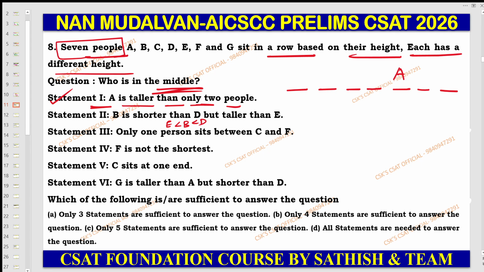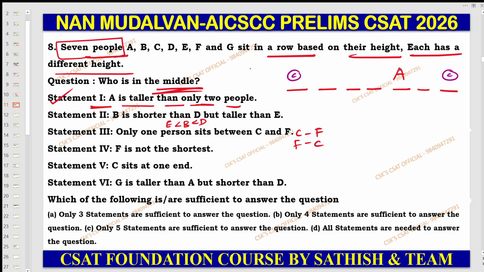Statement number 5: only one person sits between C and F. So with this one, C, F or F, C, this alone we can make. F is the shortest, we can't do it in one. C is at one end. Listen carefully, C comes either here or here.